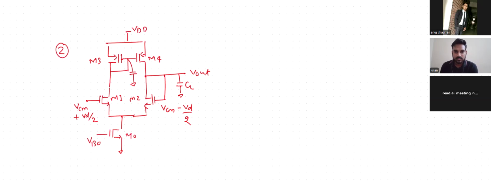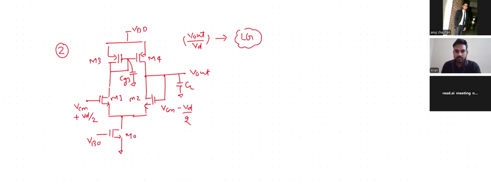Okay, so from input to output transfer function, the input is differential. First, I want exactly the loop gain from input to output.